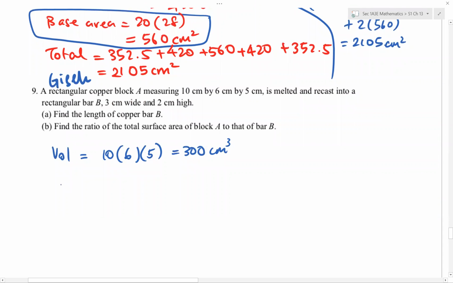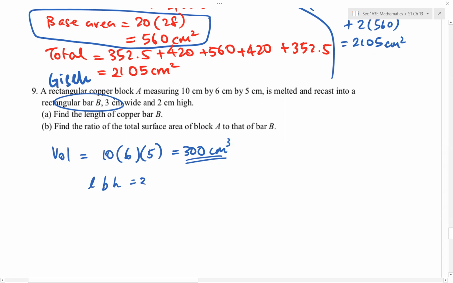Don't, try again. I don't want 300 divided by 3 divided by 2. Okay, let's start with what you know. What is this 300? How is this 300 related to bar B? Okay, 300 is the same as your length times breadth times height, right, for bar B.